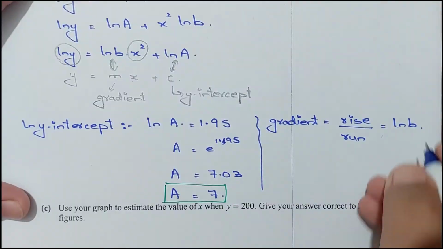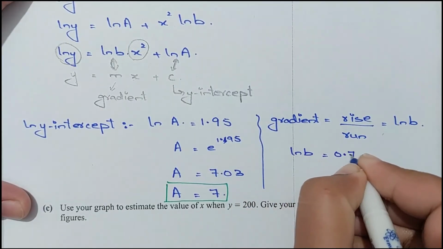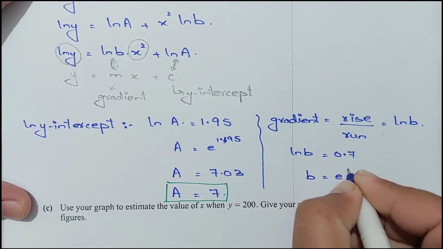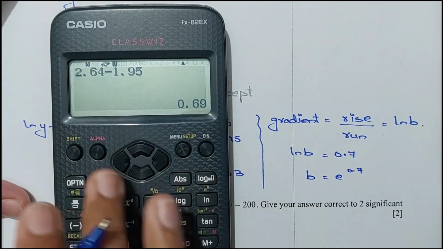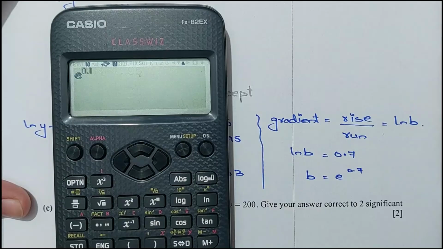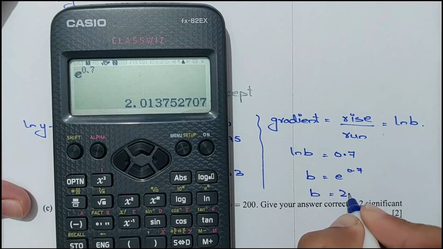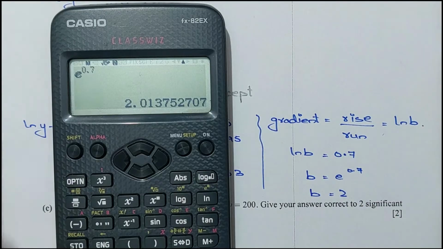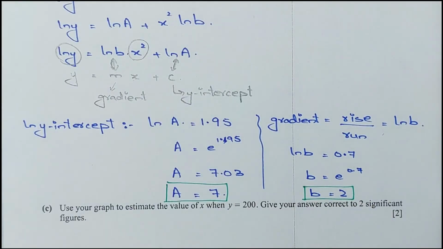So we can say this ln b is 0.7, and the b is e to the power 0.7, converting natural logs to exponential. So e to the power 0.7, this b value is 2.013. Up to one significant figure, the b value is just 2. A is 7 and b is 2.